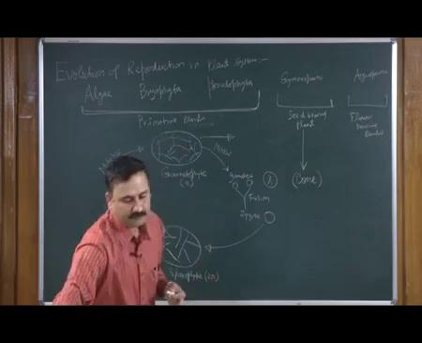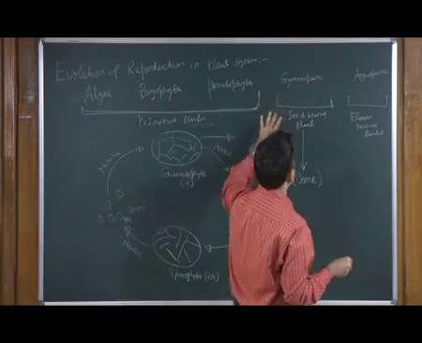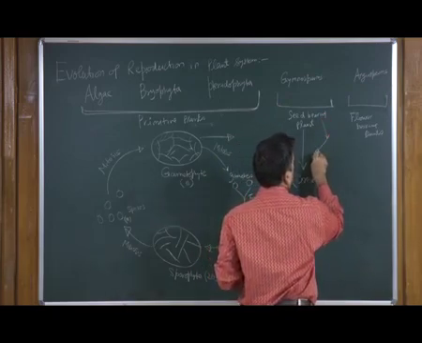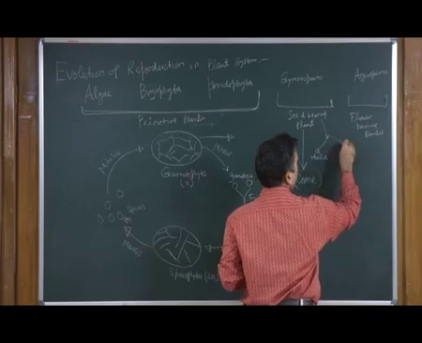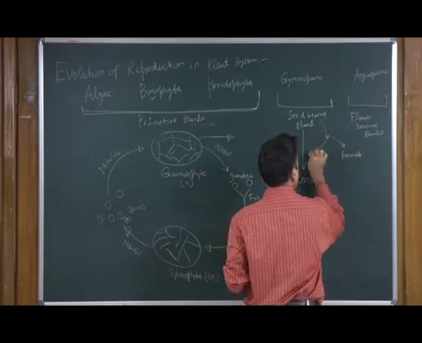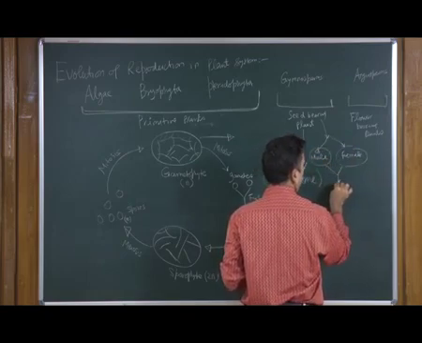In this case, the gymnosperm is also forming the male gametes as well as the female gametes, and now the male and female gametes are fusing, forming the zygote.